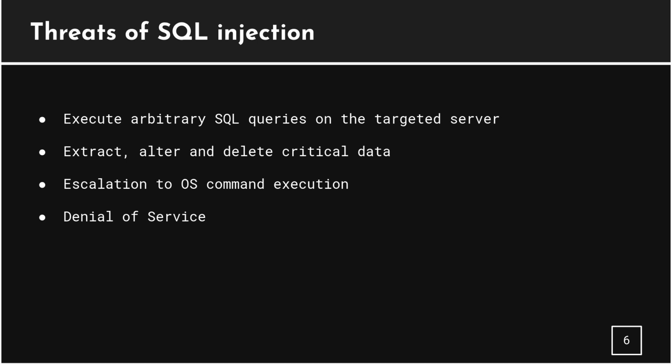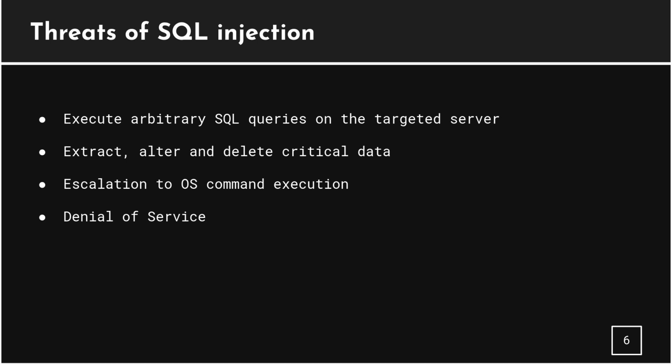Of course, it's not always possible. It's only possible in a handful of scenarios, which depend on how the web application works, what database management system is used, and so on. Finally, using SQL injection, we can perform denial of service attacks, either by crashing the database server or by making it take a lot of time to respond using sleep commands and so on.